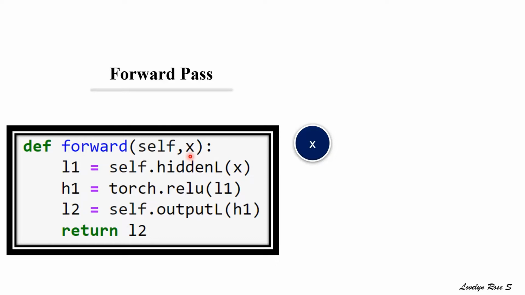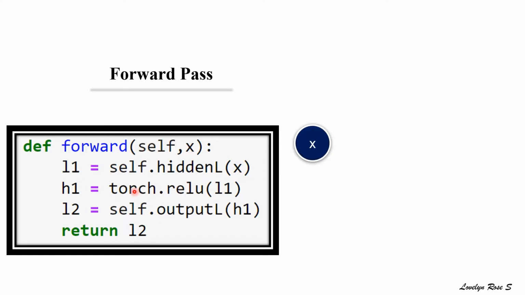Remember, in the constructor, I only said what the different layers are and what the dimension of each layer is. I have not said from which layer the input goes to which layer. I have not mentioned the flow of data. The flow of data is mentioned only in the forward pass.